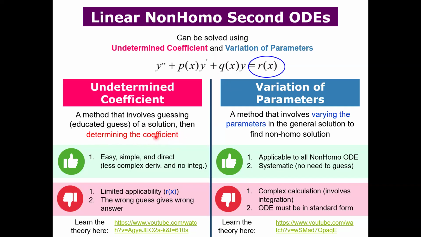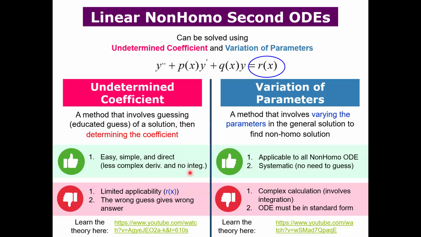Since we are determining the coefficients, this method is called undetermined coefficients. The second method involves varying the parameters in the general solution to find the non-homogeneous solution. At this stage, the meaning of these methods doesn't make sense yet, but later you will understand.